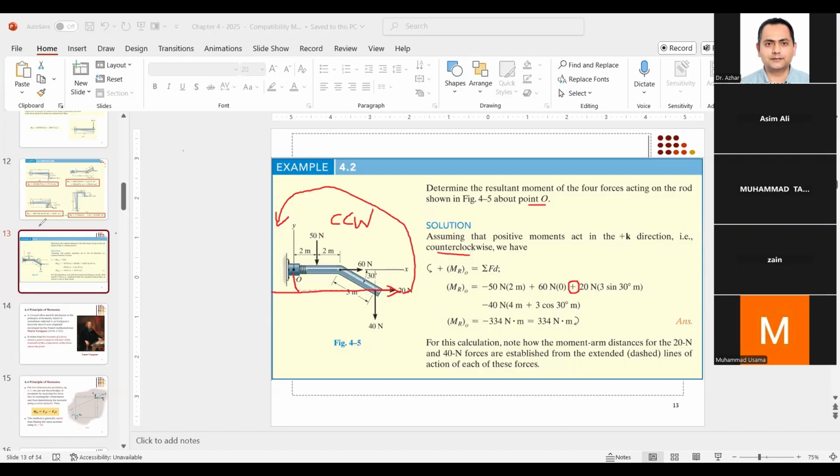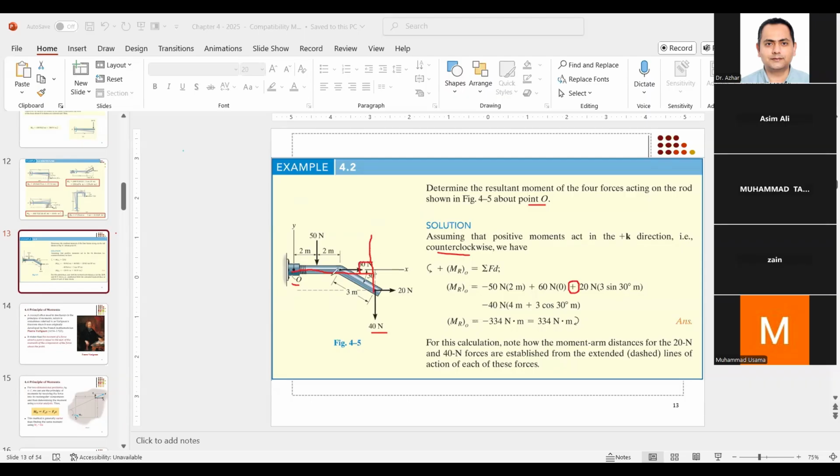Now let's do the last one. The last one is 40 Newton. Again, 40 Newton is here, point O is here, far away from each other. Do the same thing: extend the line of action of the force like this and find the perpendicular distance from point O. The angle is 90 degree.